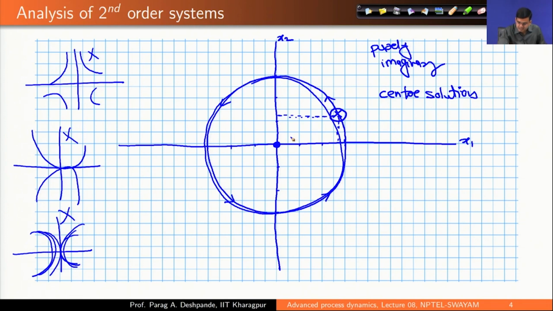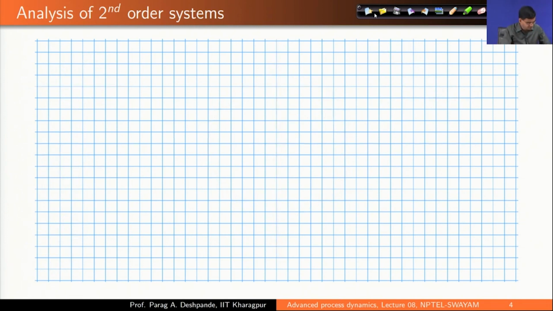Now, imagine that you have a system where A, which was initially given as [0 b; -b 0], is given now as [a b; -b a]. So, the diagonal elements which were previously 0 are now a.